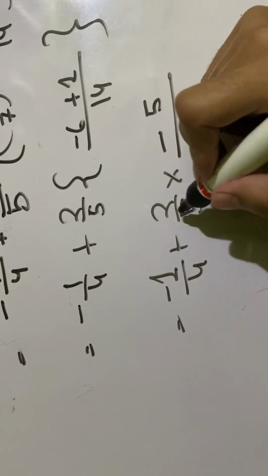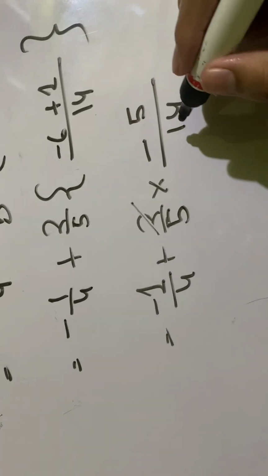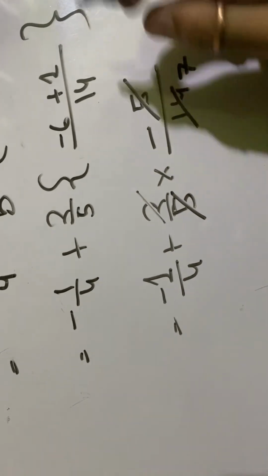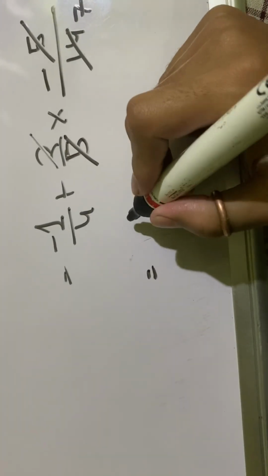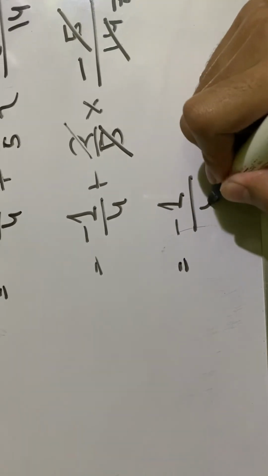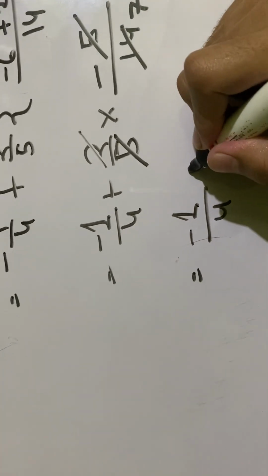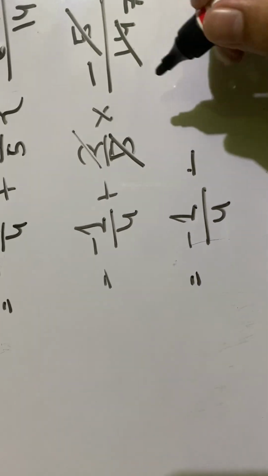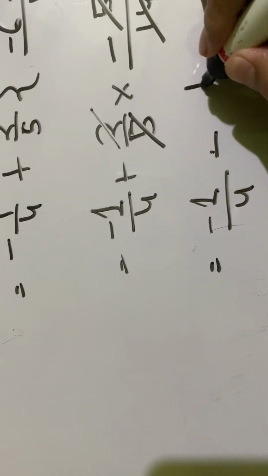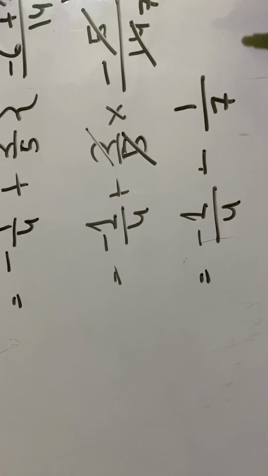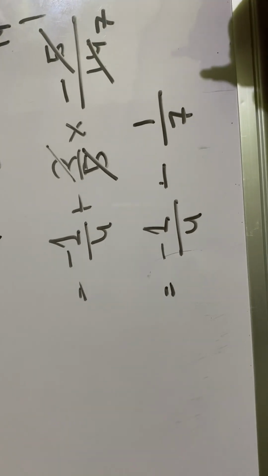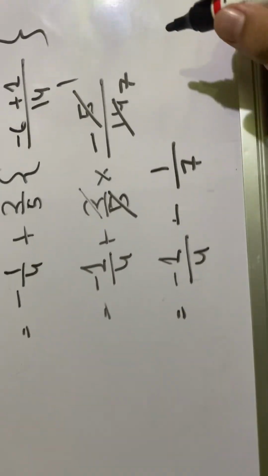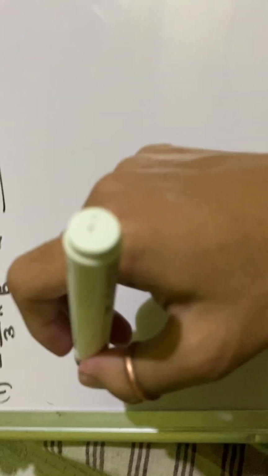Okay, so we can cut this 2 by 14, 7s are 14, this 5 and this 5 is cut, so we'll get minus 1 by 4 minus, as in here we have minus plus minus minus, we'll get minus, so in here comes 1 by 7.